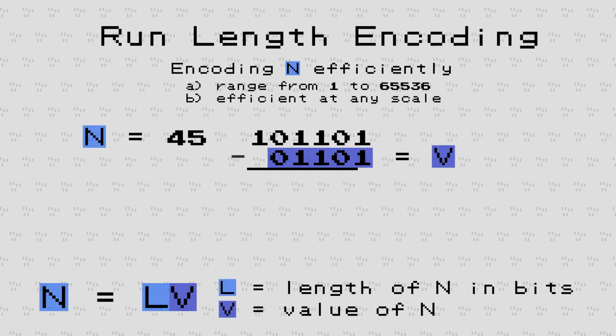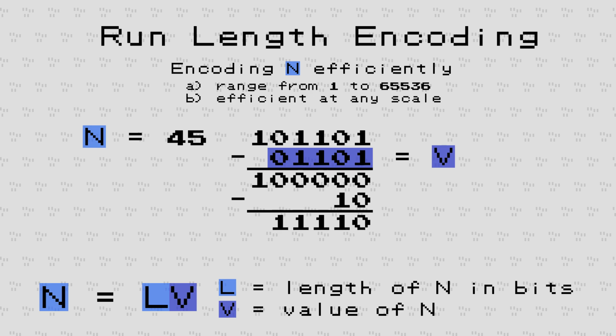If we subtract this from the original number, we get a power of 2, 100000, which is 32 in binary. Like magic, if we subtract 2 from this number, 10 in binary, we get a string of binary digits that has a terminator, 11110. This is what L will be.